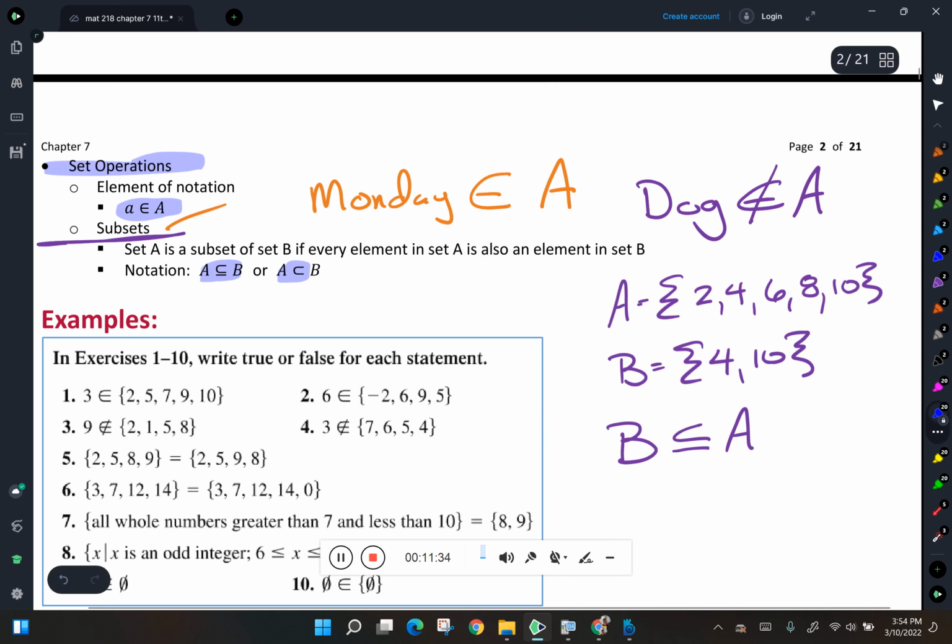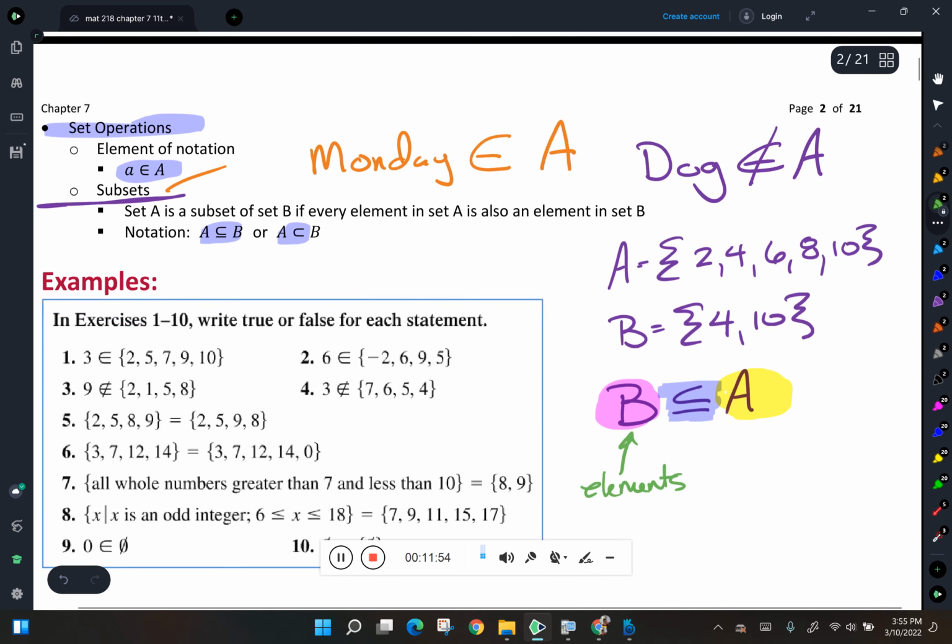So this is kind of like inequality notation, right? We're saying that the one on the left is a subset of the one on the right. Or more importantly, we are saying that the elements of set B are also elements of set A.